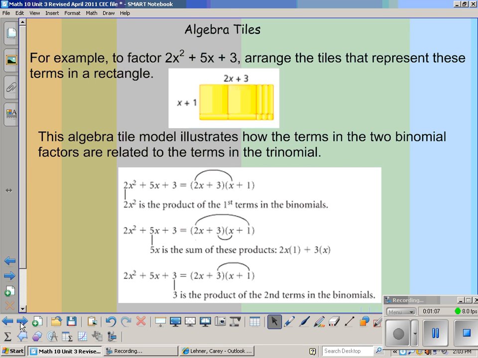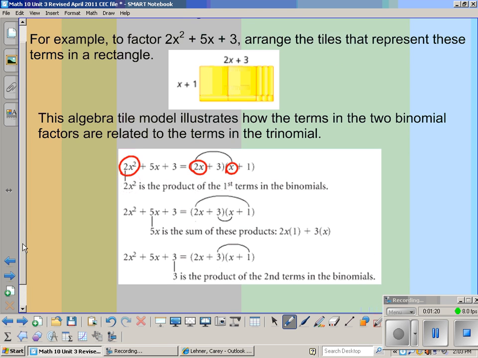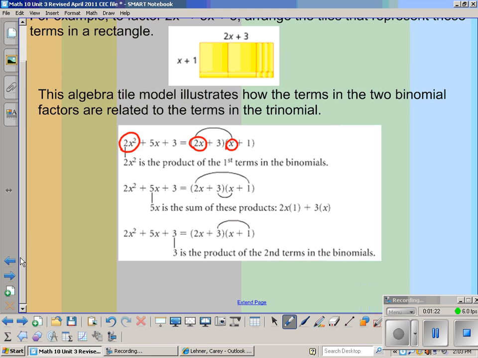So we would look to see how they compare. Your first term of the trinomial is the product of the first terms in the binomials. That's always going to be the case, no matter what strategy you choose to use. The middle term is the sum of these products, so of the outside terms and of the inside terms.